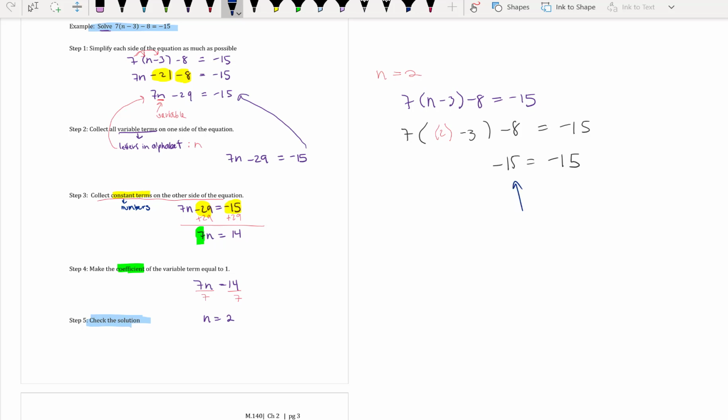So you can know for a fact that both sides are equal. It checks out. So since both sides are equal, this is going to be a solution. So n equals 2 is going to be your solution.